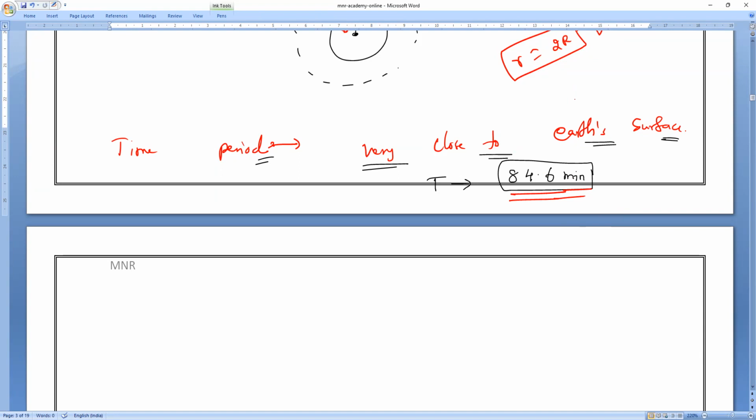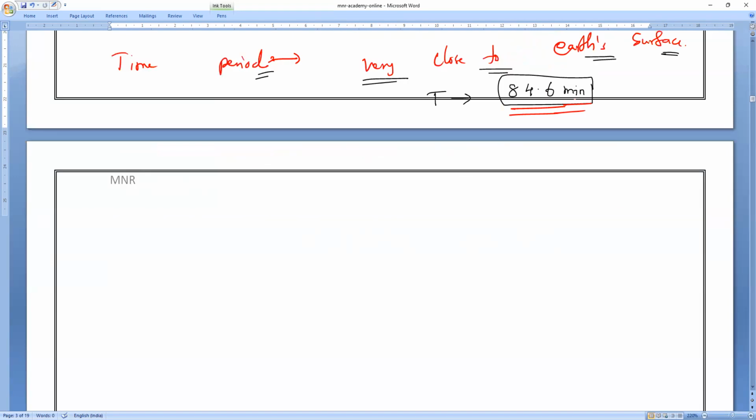So it has been calculated. How will it be calculated? It's very simple. If it is very close to the earth surface, the distance between the earth and the satellite, R, is approximately equal to the radius of the earth.